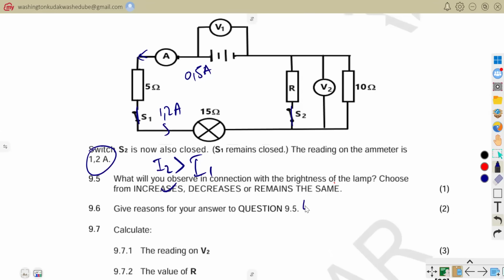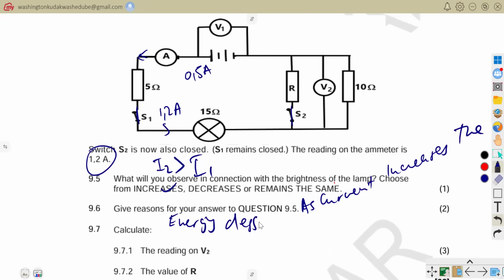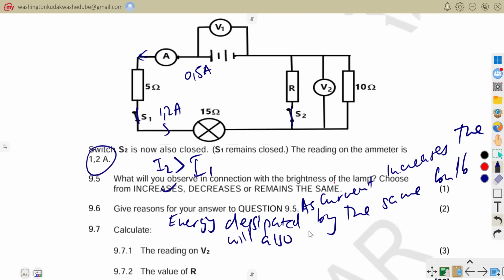We get to say that as current increases, the energy dissipated by the same bulb will also increase.